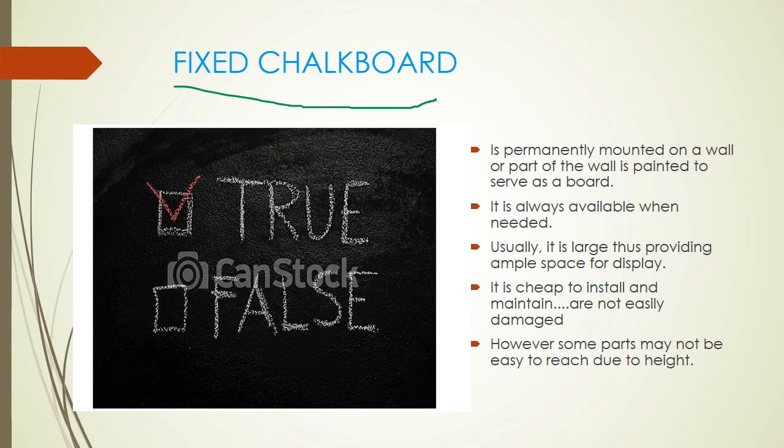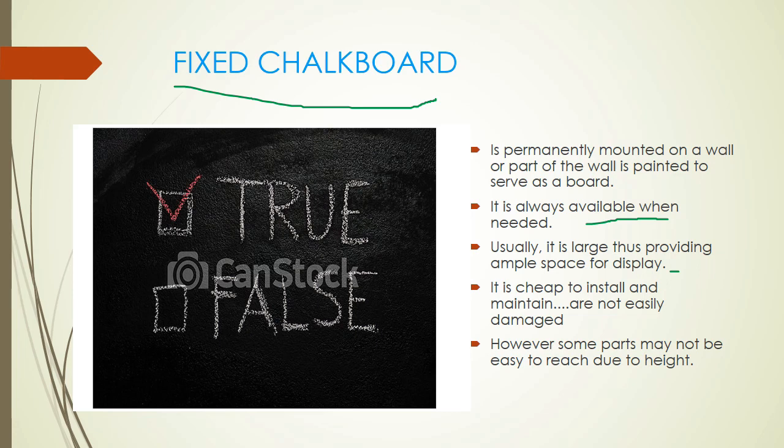It is always available when needed. This is one of the advantages of using the fixed board. It's always available when needed because it's fixed in the classroom. Number two, it is usually large, providing ample space for display.